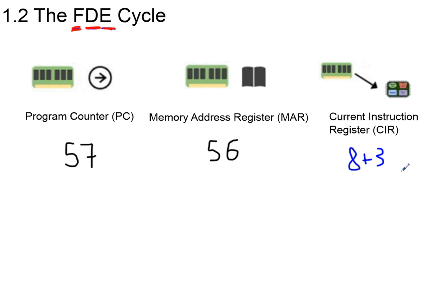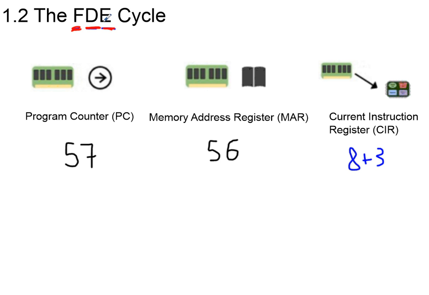And for a maths problem, the most appropriate component is the ALU. So it will send that instruction to the ALU to be worked out. And the instruction has been executed. Now it can go back, it can go to 57, and then after that 58, 59. And it's doing this billions of times a second.